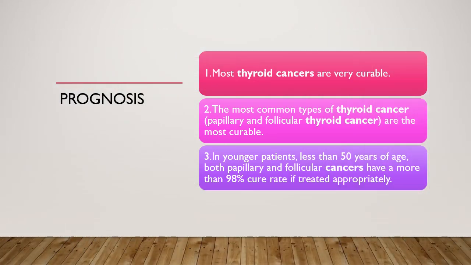Coming to prognosis, three important factors must be taken into consideration. Most thyroid cancers are very curable as compared to other cancers. That is the number one consideration. Secondly, the most common types of thyroid cancer, that is the papillary and follicular, are the most curable among the cancers.